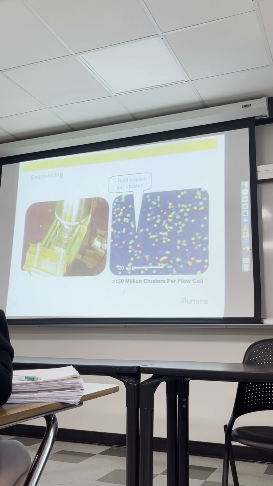And the computer puts them all together. So the computer says, well, all these sequences match up here, and all these sequences match up here, so we know that it goes boom, boom, boom in terms of the sequence, and the computer can say which one's the template, which one's the opposite strand, etc., and put it all together and give you one long big sequence at the end. So this is the idea of next-gen sequencing.